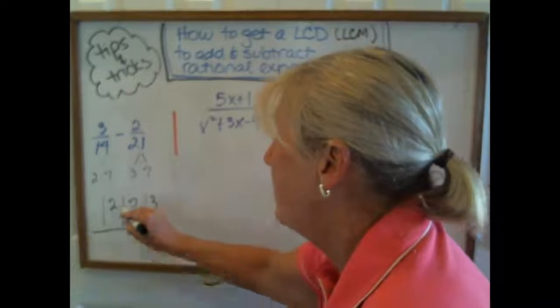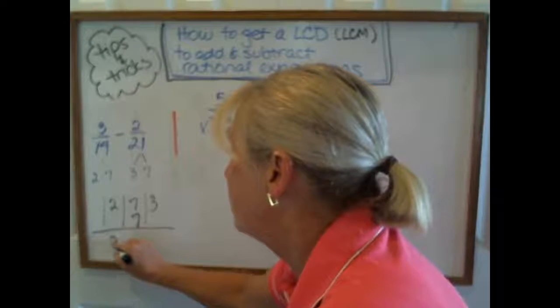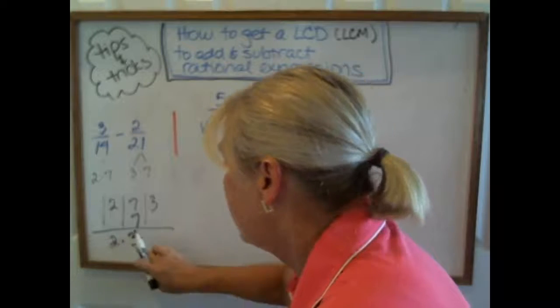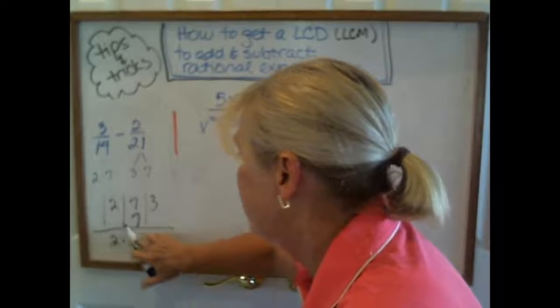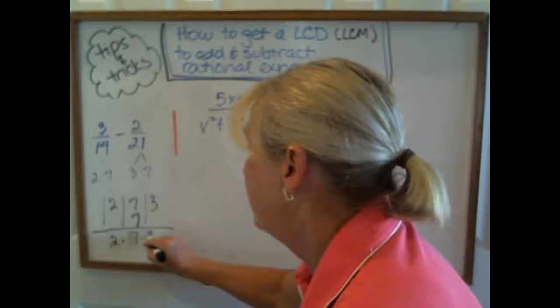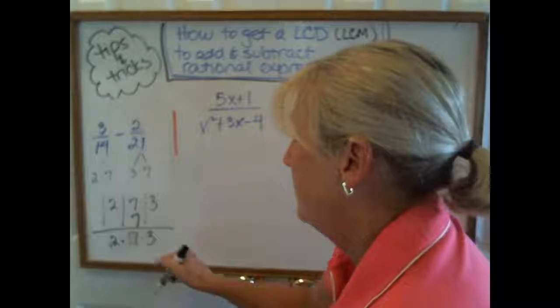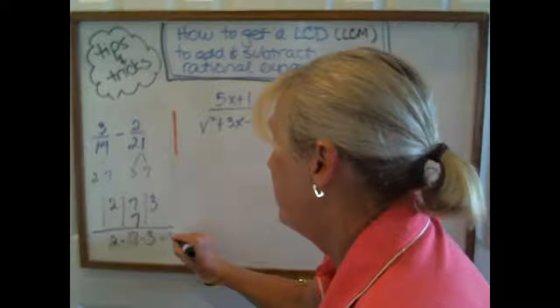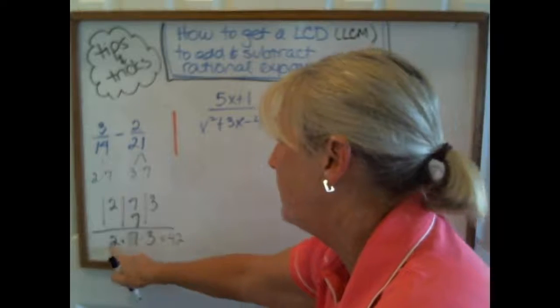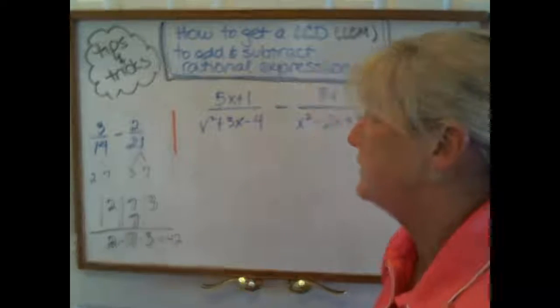Then I look at the total. The total least common multiple would be 2 times 7 times 3, which would be 42. Now this total doesn't really matter, but we want to look at the individual factors.